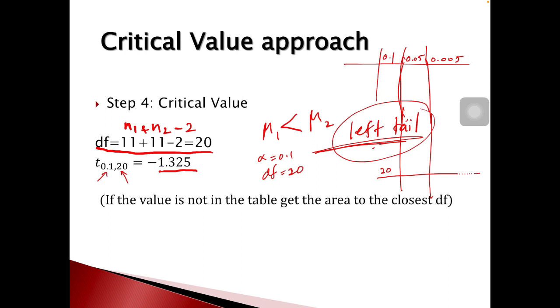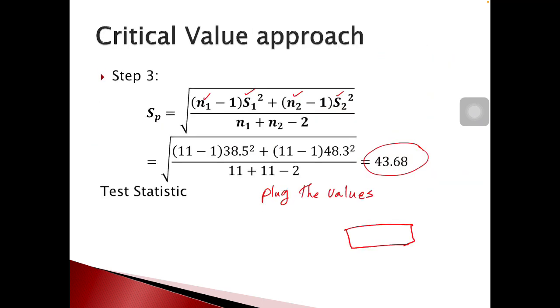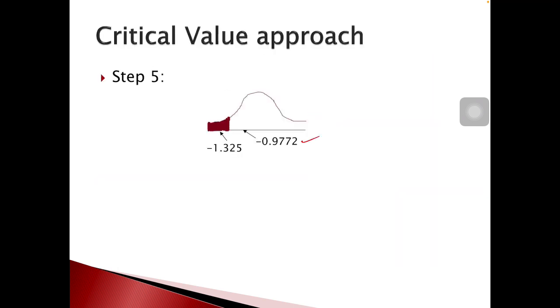But don't worry, in the exam you can find your degree of freedom in the table, but in any case if you cannot find it, try to approximate. Now this is our test statistic value, and the table value is negative 1.325.